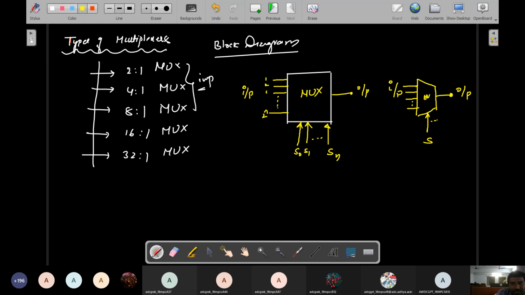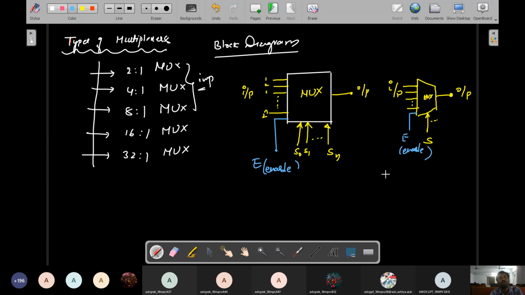This is also a MUX. They have another terminal, an additional terminal, called the enable terminal E. Enable generally means a power supply terminal.